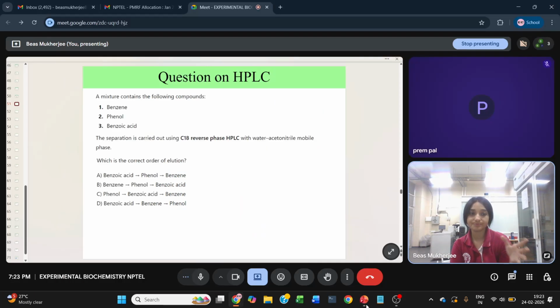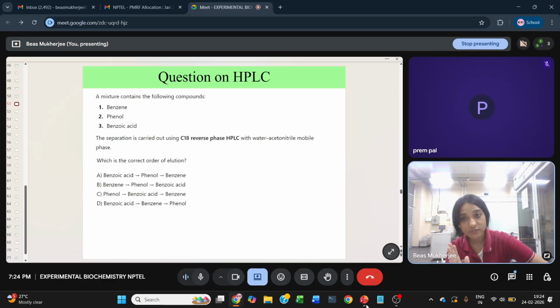Now we will try to answer questions on HPLC. Okay, so there is a mixture of these 3 compounds. One is benzene, one is phenol, one is benzoic acid. The separation is carried out using C18 reverse phase HPLC with water acetonitrile mobile phase. Now, which is the correct order of elution? Now, see, this is basically C18 reverse phase.